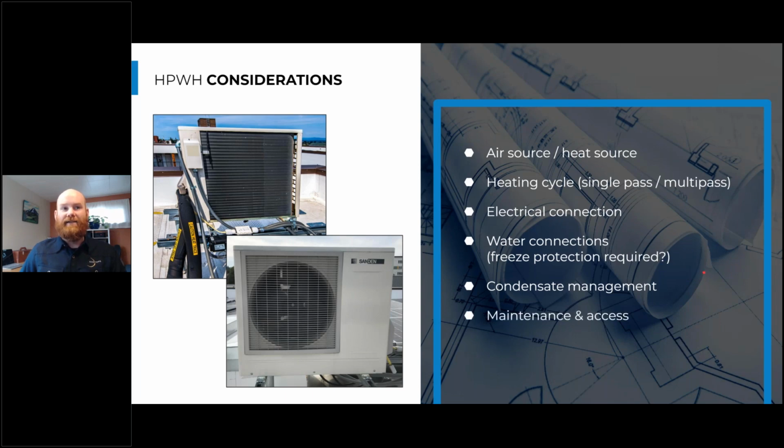And then maintenance and access. We covered this earlier, but there is an evaporator, which typically has a filter on it, and that filter needs to be cleaned on a quarterly basis because there's dust and lint and so forth in the air, and that can be drawn to that coil as we're pulling air through that evaporator.